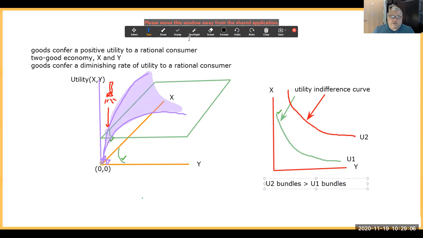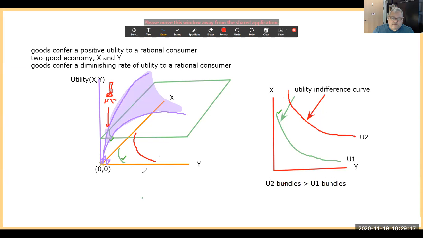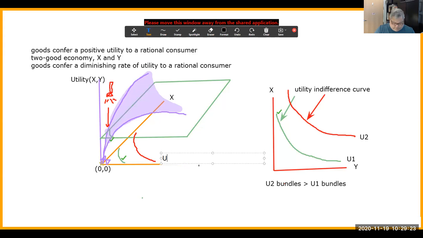Okay. So again, let me feature this trace in 2 dimensions now onto 3 dimensions. So that would be the equivalent of U2 as opposed to U1.